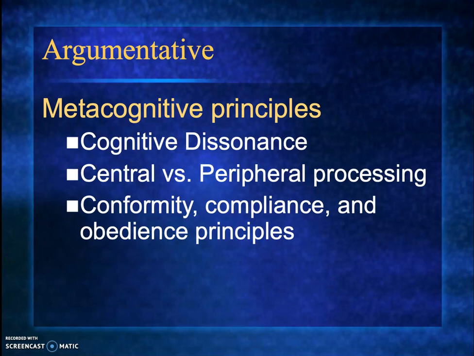So for example, cognitive dissonance. A theory that basically argues that anytime we have two ideas that are in conflict with each other, that creates a kind of dissonance or a kind of uncomfortable feeling, and we are therefore motivated to restore balance to those thoughts.